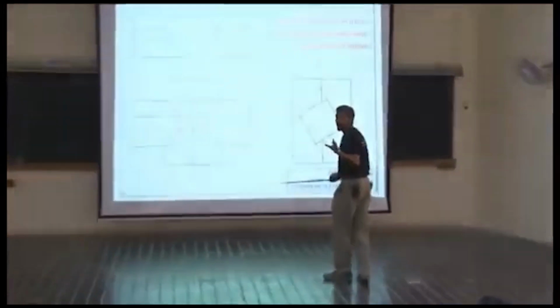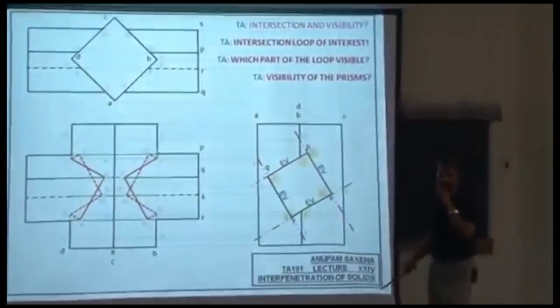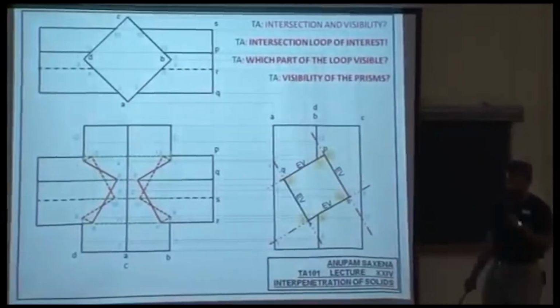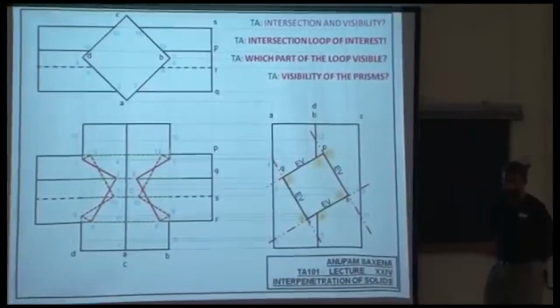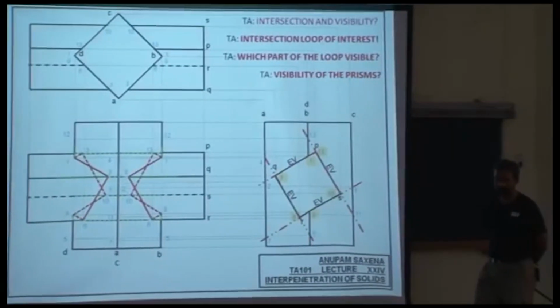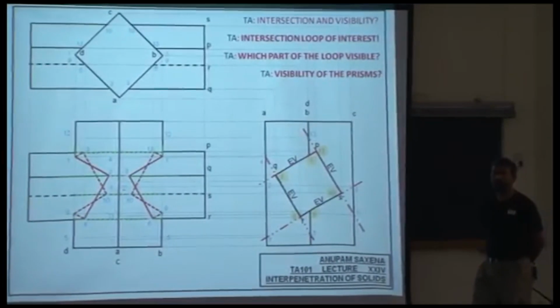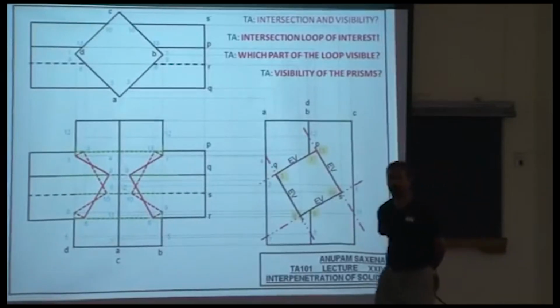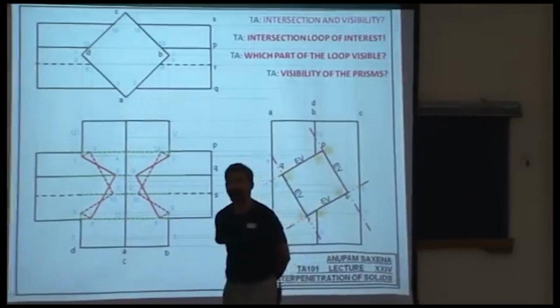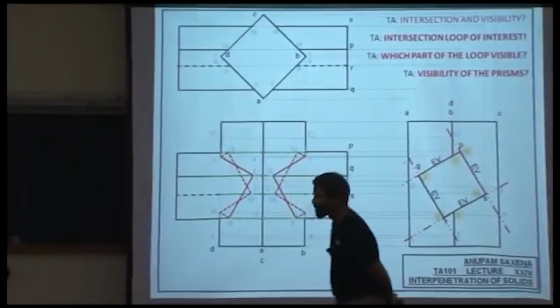No, no. So both of them are solid here. So suppose they are made up of clay, in that case you cannot distinguish which is which. They are just acting as a single piece, not as two different parts. So there should actually be no lines denoting any one of them. There should be no lines inside.